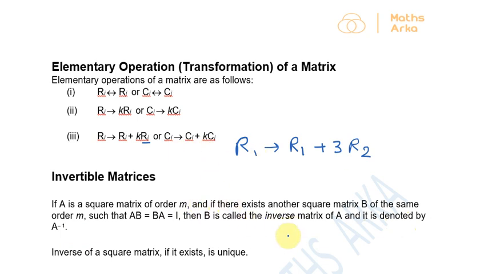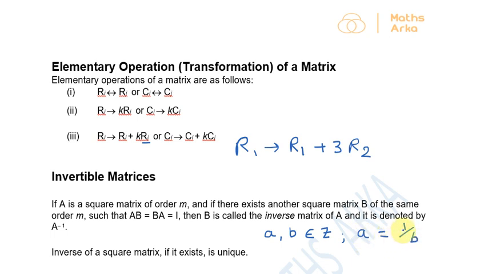If we talk about invertibility in real numbers, let's suppose there are two integers a and b. A is equal to 1 upon b. So what do we get if I bring b over here?